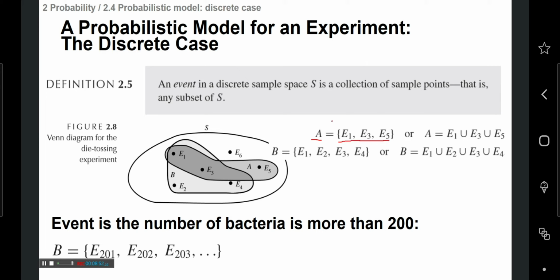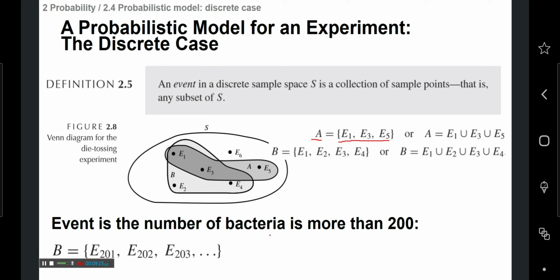So A is the set of odd numbers. And B is also a collection of sample points E1, E2, E3, and E4.